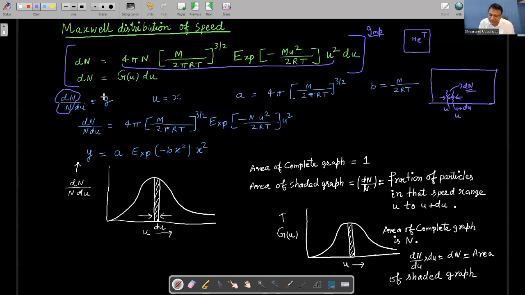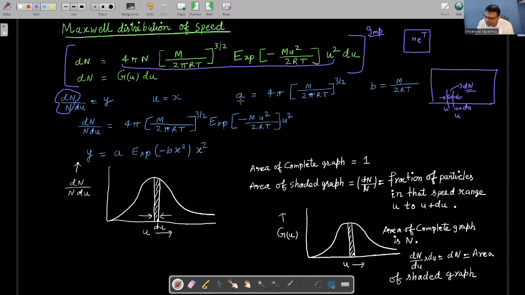So if I define y as dn upon n du and u as x, because molar mass and temperature are fixed, we are studying the gas at a fixed temperature and the gas is fixed, so molar mass is fixed. So now the other things are constant, like in this equation 4 pi will be a constant, (m upon 2 pi RT) to the power 3 by 2 is a constant. In this exponential term, m upon 2 RT is a constant, so that constant is b and the other constant is a.